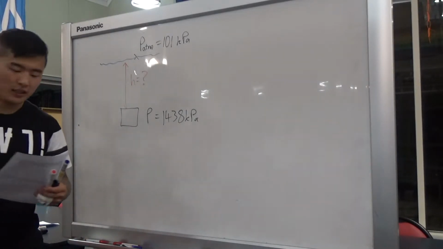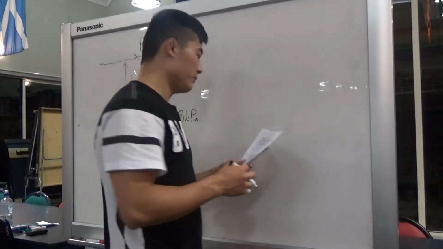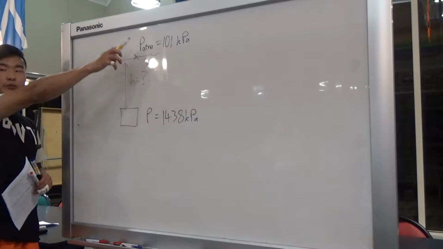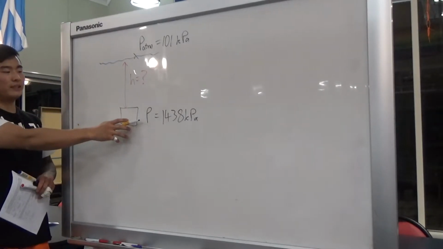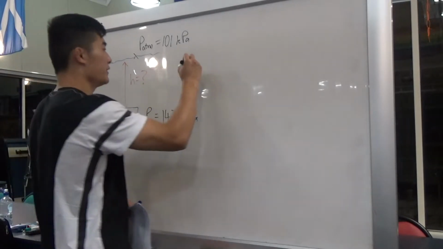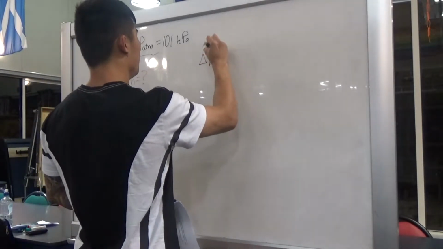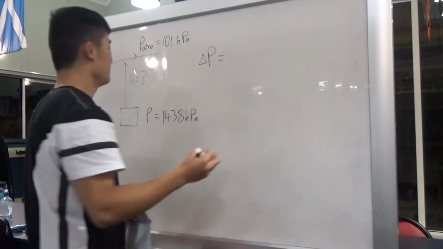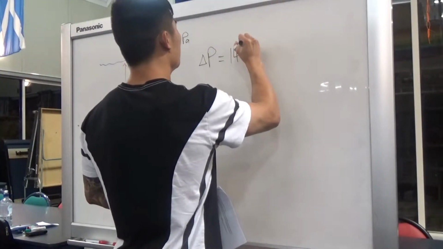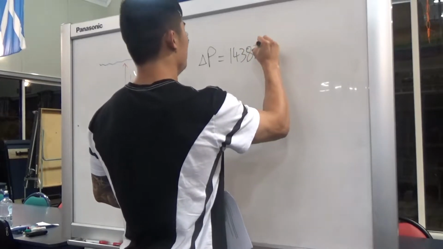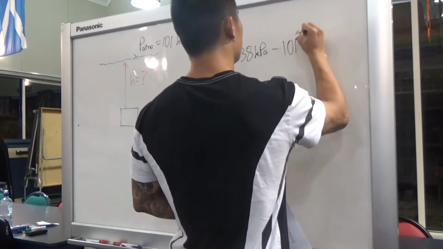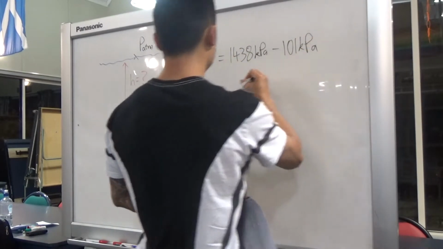So it doesn't seem like a lot, but what you can do is calculate the difference in pressure between this depth here and the atmosphere or the surface. So we can calculate the delta P. That's going to be 1438 kilopascals minus 101 kilopascals.